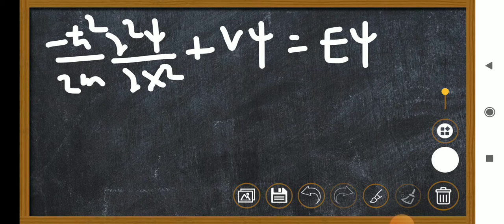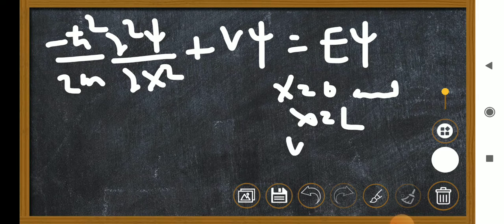Now, as we have seen, inside x equals 0 and x equals L, V of x is equal to 0. V is not a function of x exactly, V is 0. Or you can say V is a function of x, as V is increasing with x, but let me write it as V equals 0.